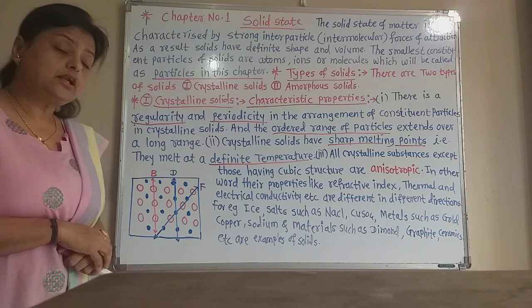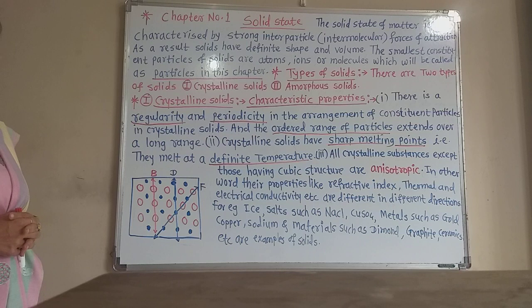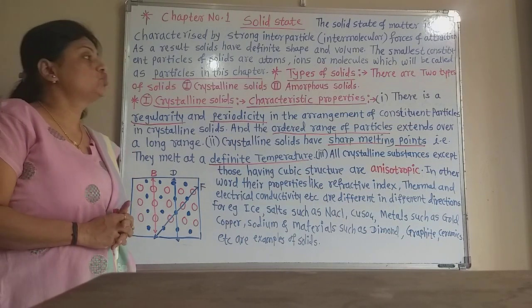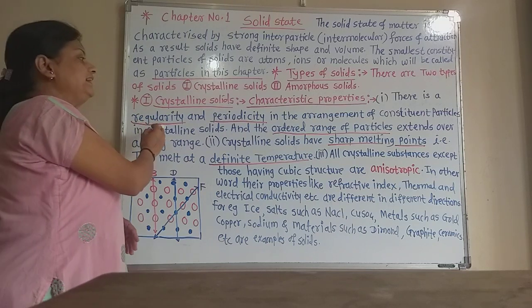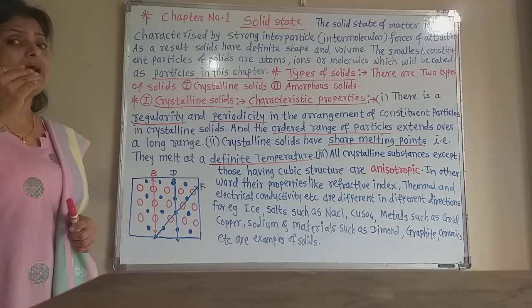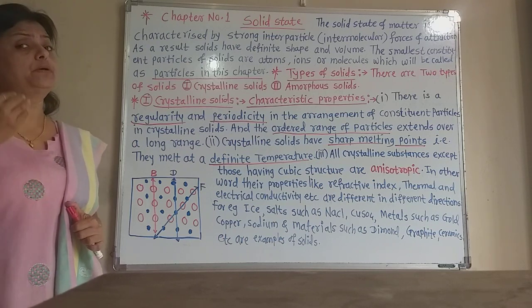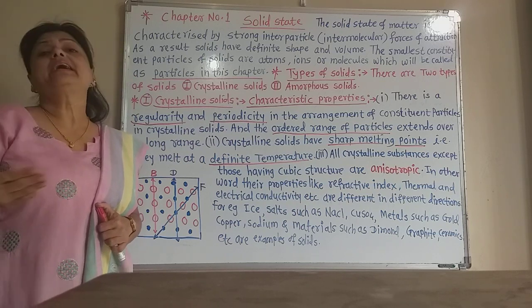Now let us learn about the crystalline solids. What are the characteristic properties of crystalline solids? The first property is regularity and periodicity. That is, the same pattern of arrangement of the particles, that is molecules, atoms or ions, is repeated again and again.